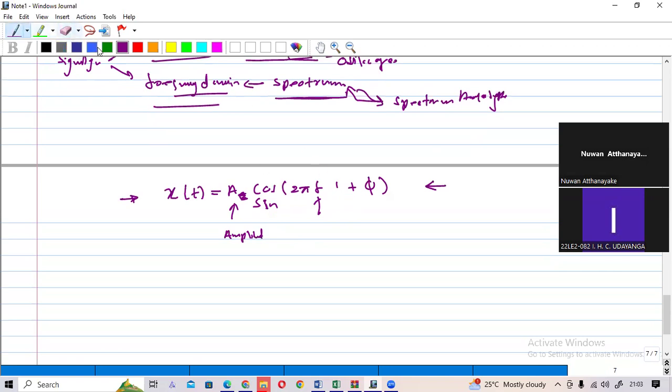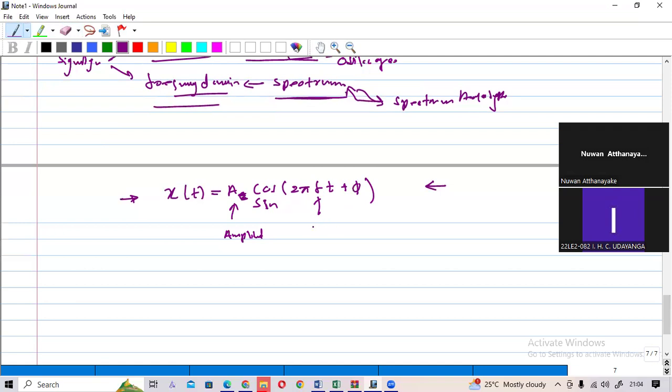Actually, I just did the communication systems lecture related to amplitude modulation, where a carrier signal is there, and for the carrier signal I use f_c and A_c. So that is a mistake. Here it is just f.